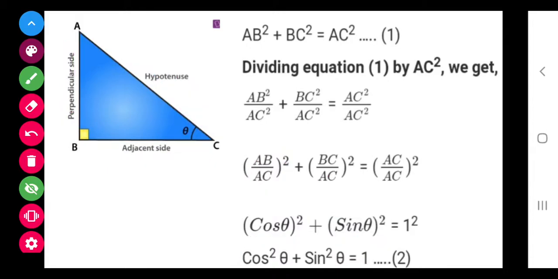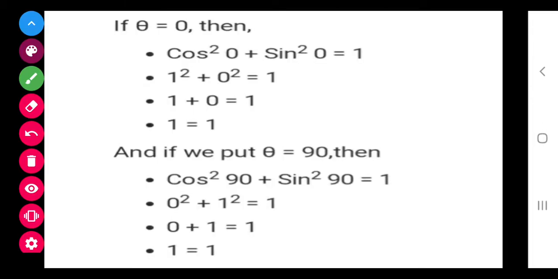Similarly, we can go for other proofs also. Now class, the proof of the first one by another method. If you put theta as 0, then what is the answer coming?